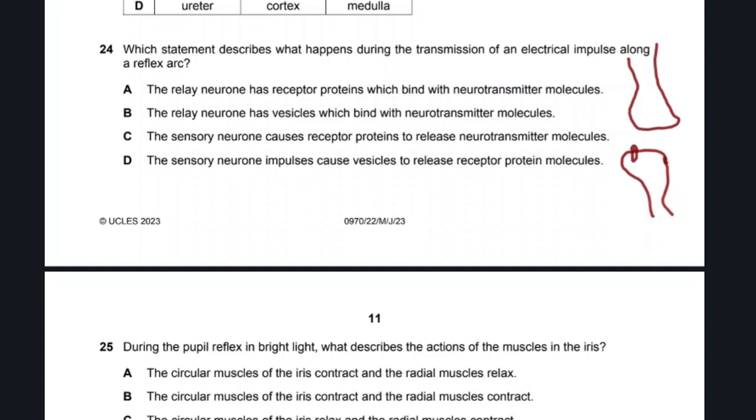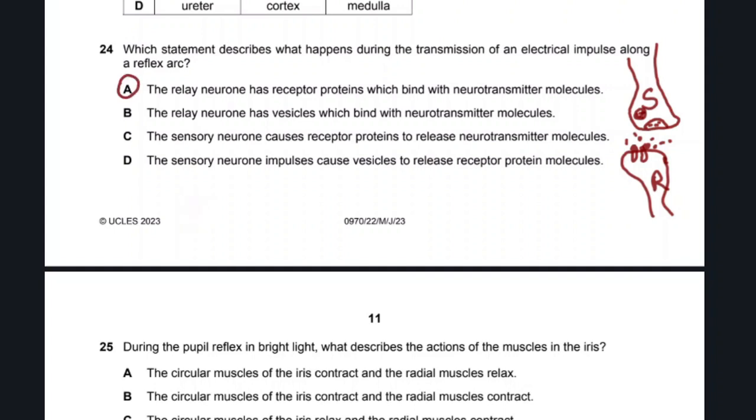This one is the sensory neuron and this one is the relay neuron, so the neurotransmitter which is released here from the vesicles will bind here to the receptor protein. This neurotransmitter-containing vesicle is present here in the presynaptic neuron. So this is the right answer.